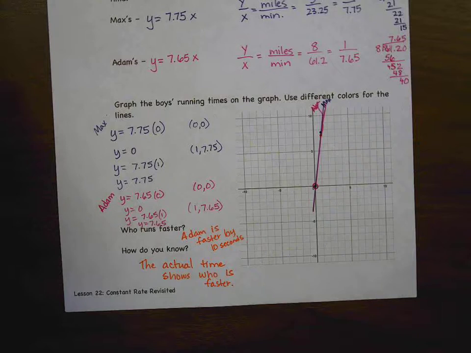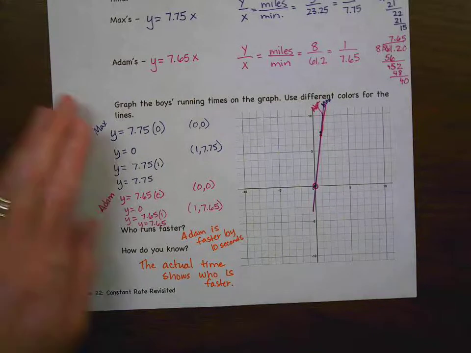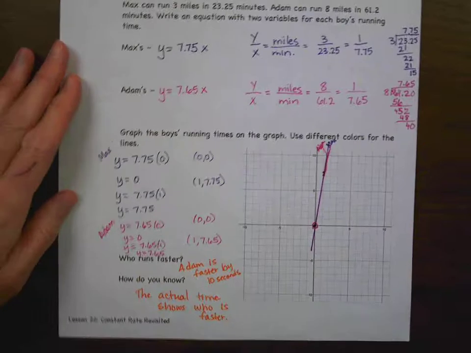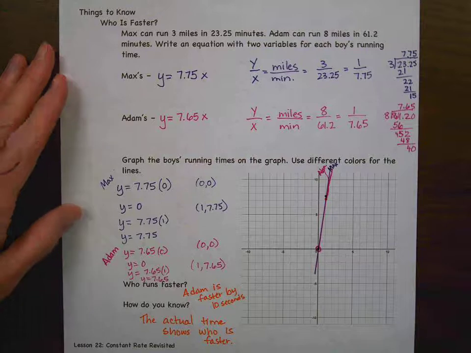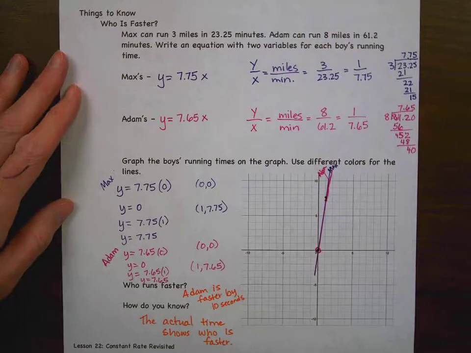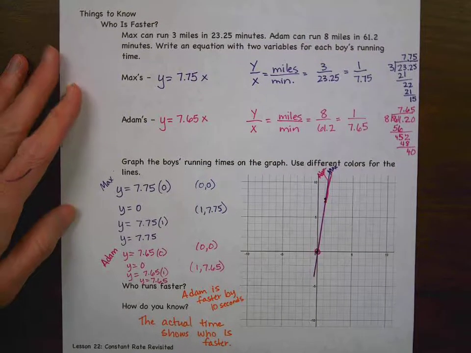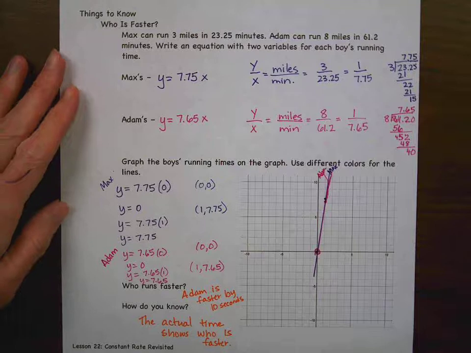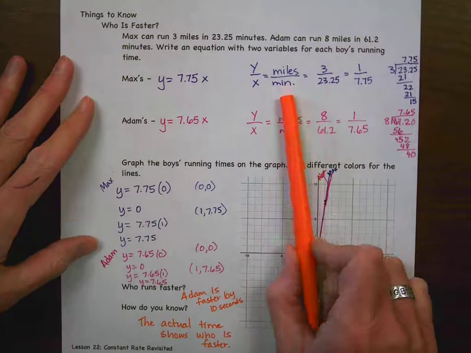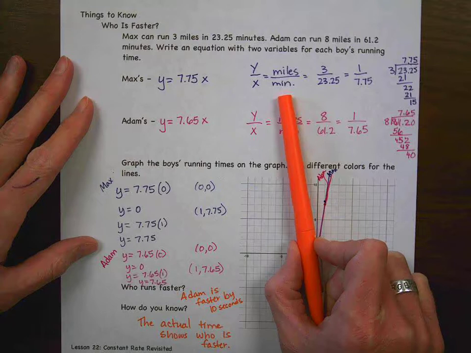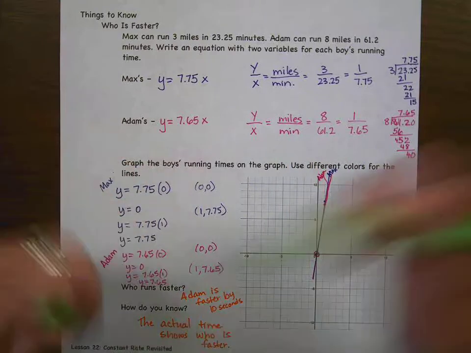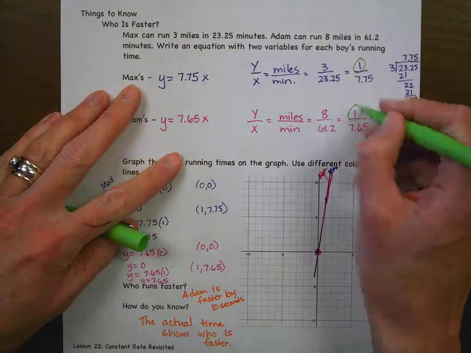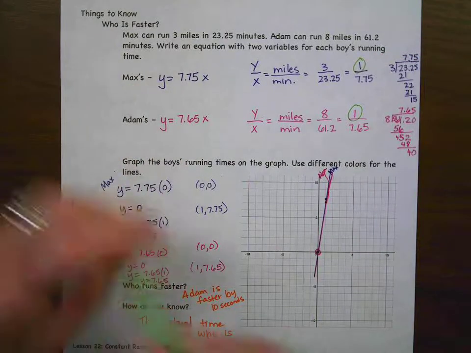Basically, the whole point of this lesson is, can you determine a comparison between two different things based on the information given? We definitely can. The number one thing you have to do is figure out what your unit rate or your slope is. And remember, unit rate and slope are the same thing. When we compared miles to minutes, we found an in-common amount, which was 1 mile.